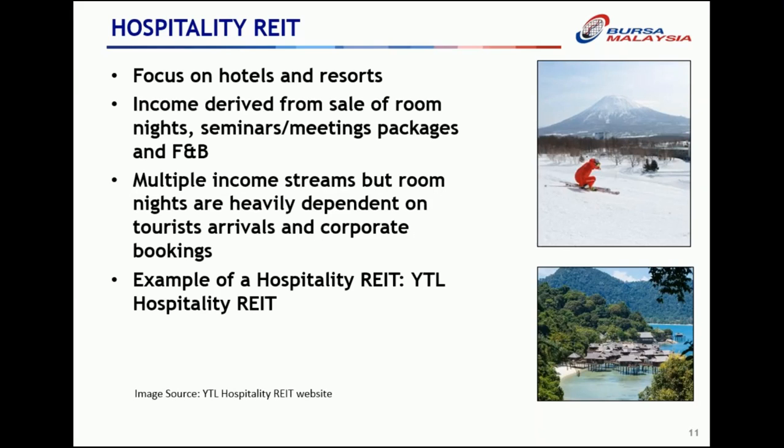But I think in this case, YTL Hospitality REIT has managed to diversify, because their assets are not only in Malaysia. They also have one in Japan, and if I'm not wrong, one in Australia. So assuming the yen strengthens versus the ringgit, or the Aussie dollar, which is strengthening against the ringgit right now, then income earned in foreign properties, converted back to ringgit, may see a gain.